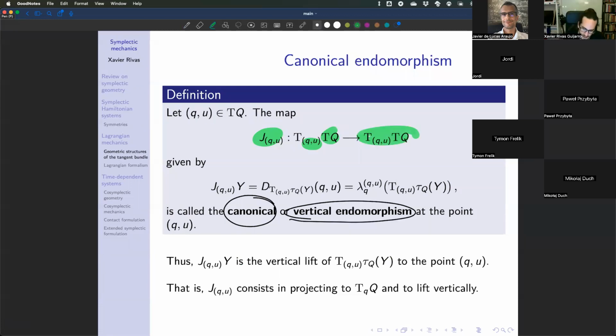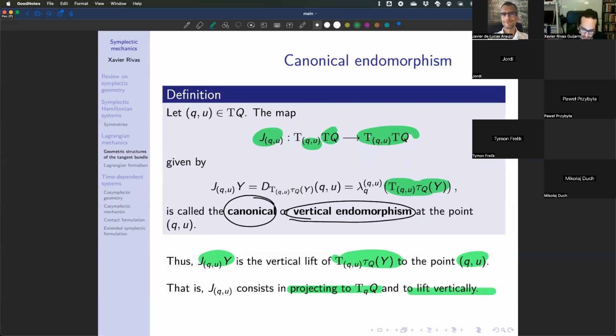Just like this, by first projecting the vector downstairs and then lifting it vertically. Okay, so we go down and then we go up in a vertical way. As I said, this is just the vertical lift of this projection to the point (q, u). We have to project and then lift vertically.